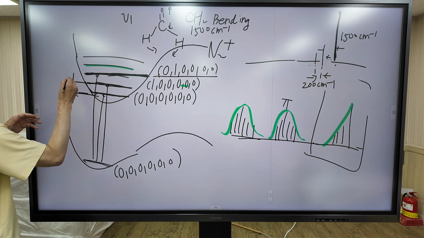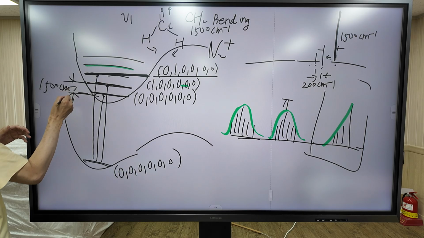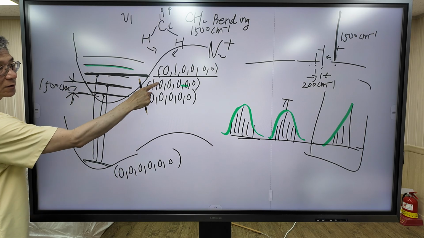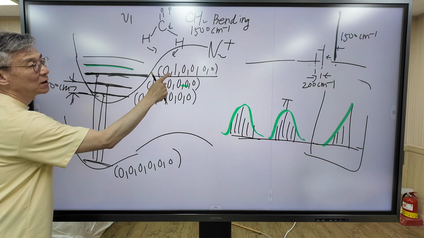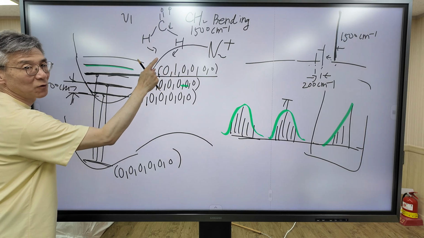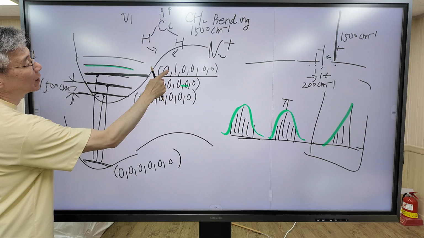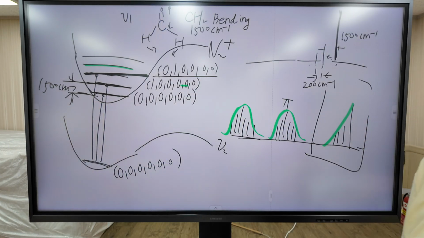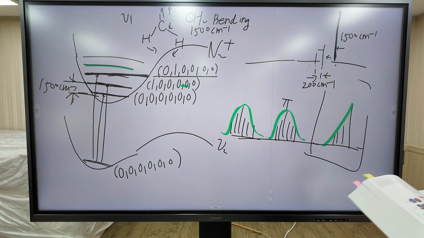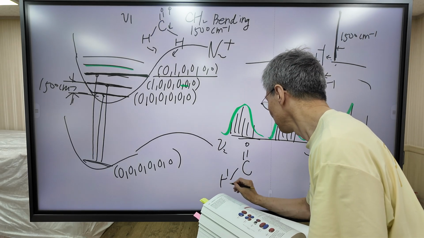So in this quantum number, the first vibrational quantum number is 0 and the second vibrational quantum number is 1. So what is the second vibrational mode? According to our textbook, the second vibrational mode is CO stretching.